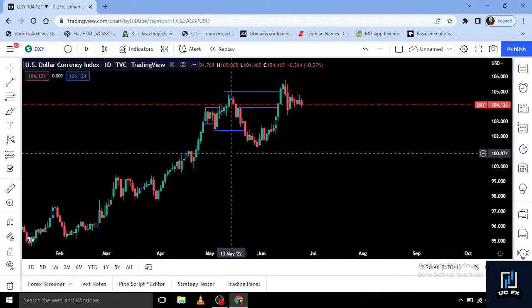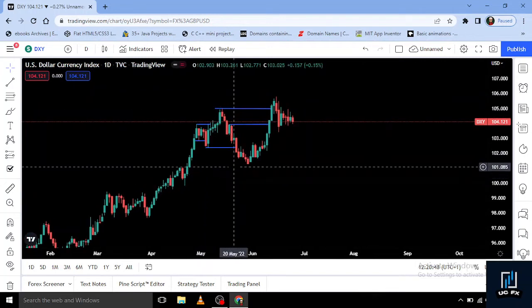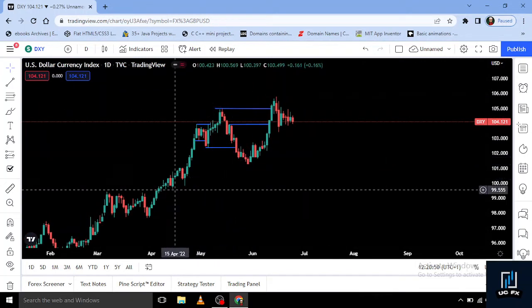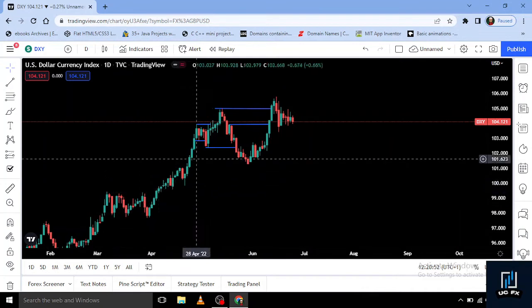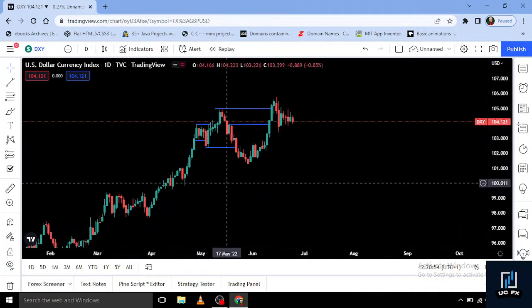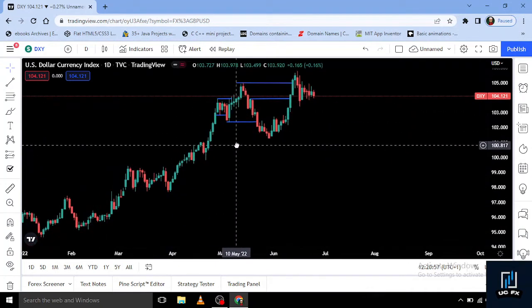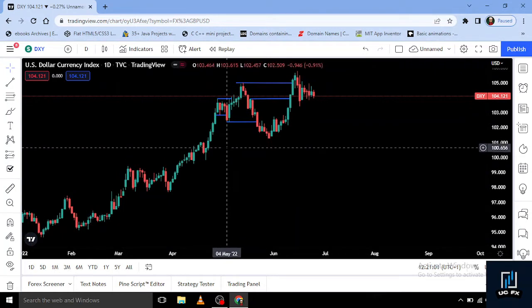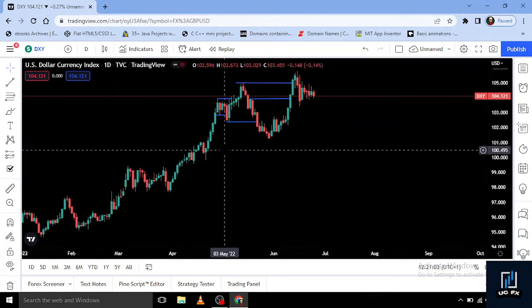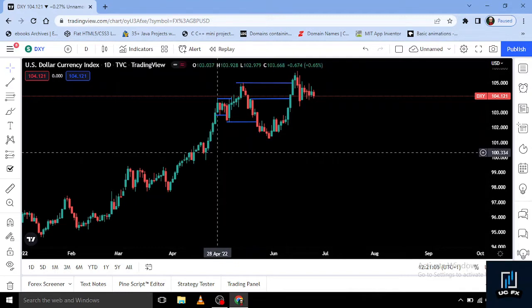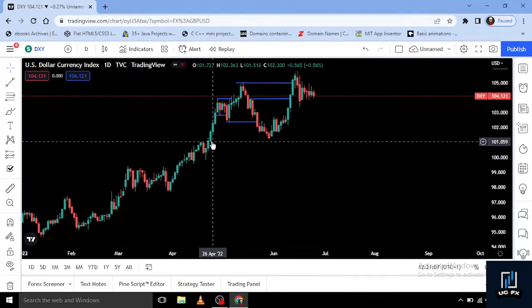Then about the ones that are negatively correlated, which means if DXY is in an uptrend, those pairs would be in a downtrend. I actually have pairs that do exactly the opposite of what the DXY does, and one of them is the EUR/USD.